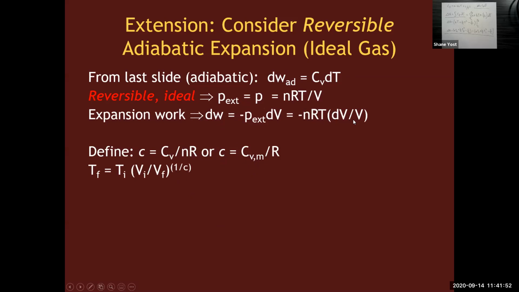You integrate both sides after rearranging the equation a little bit, and you end up with this final equation, which tells me that the final temperature is equal to the initial temperature times the ratio of the initial volume divided by the final volume, all to the 1 over c power, where c is just the heat capacity of the gas divided by R. CV is typically in joules per Kelvin, so the R you'd use would be in joules per Kelvin mole, 8.314.